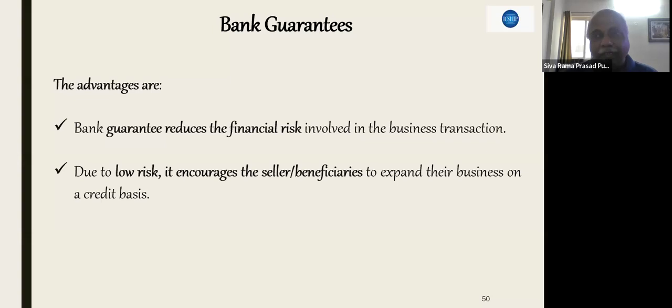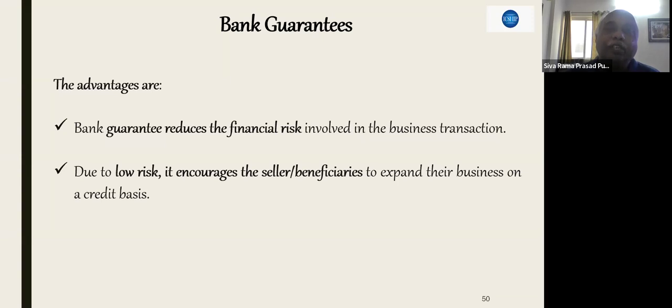They simply take the bank guarantee for suppliers, or for the government in case of contracts, road contracts or any infrastructure contracts. Due to low risk, it encourages the seller or beneficiary to expand their business on a credit basis. So on account of bank guarantees only, a lot of credit is happening.